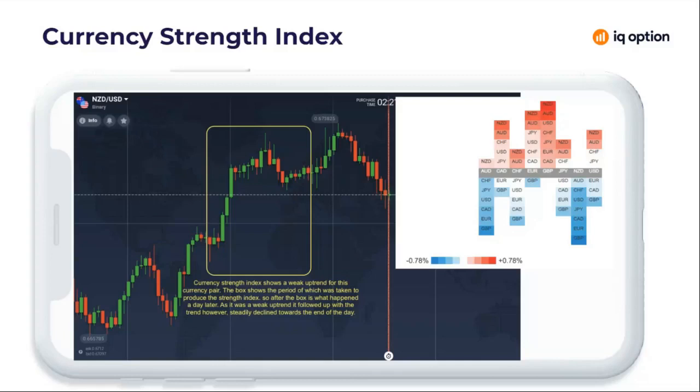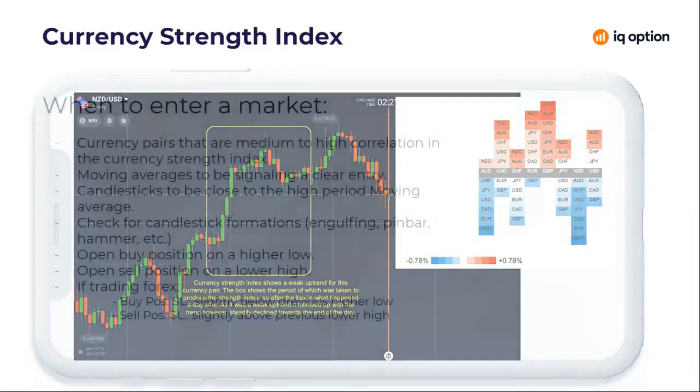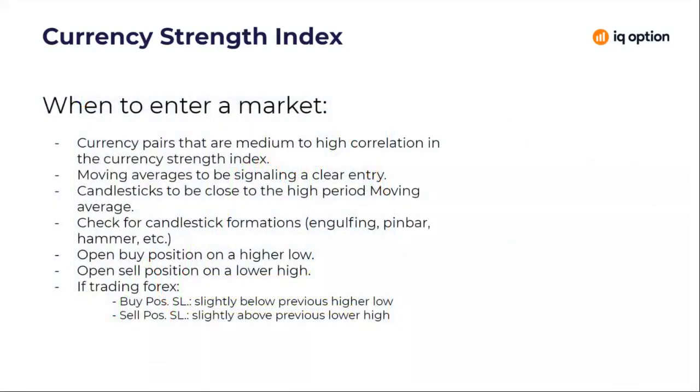So after the box is what happened a day later. As it was a weak uptrend, we can see here it wasn't very, very red. So as it was a weak uptrend, it followed up with the trend, however. So you can see the uptrend forming, but it steadily declined as the next day progressed. Perfect.